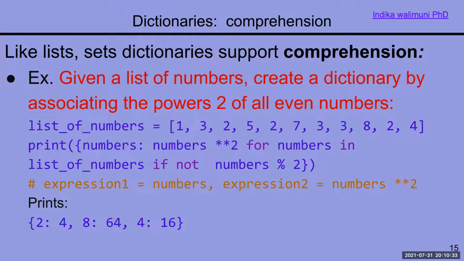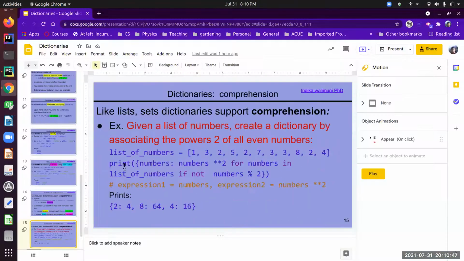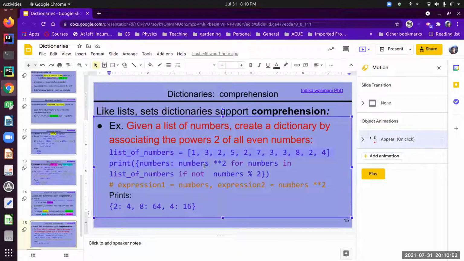All right, so that's the sort of problem we have. We need to create this dictionary using comprehension, and this is the code basically. So I'm going to take this code, get only this, and let's work out the rest.